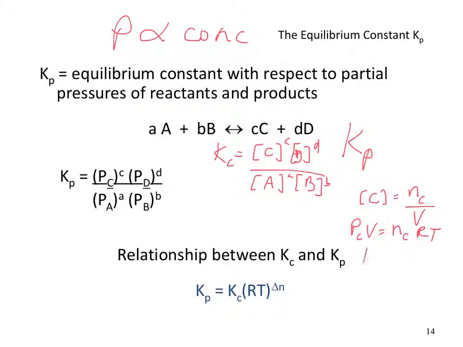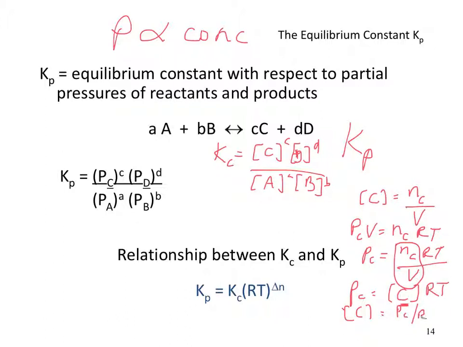So pressure is going to be nC RT over V, which, by the way, is the concentration that we are talking about. So the partial pressure is nothing but the molar concentration of C times RT. So if you wanted to, you could write down the concentrations in terms of partial pressure. So you could say that [C] would be equal to PC, the partial pressure due to C, divided by RT.